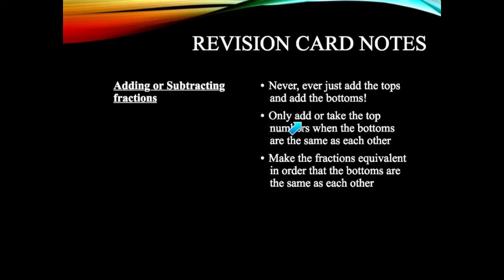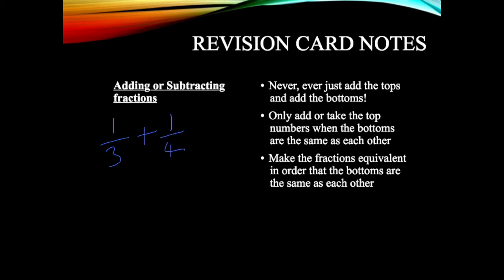Only add or take the top numbers when the bottoms are the same, and you might have to somehow make the bottoms the same by using the idea of equivalent fractions. Let's see if we can give you a quick example that you could write down. Let's say a third plus a quarter.